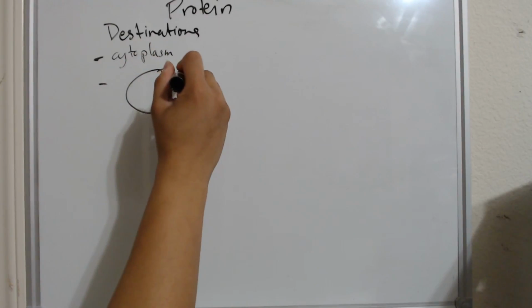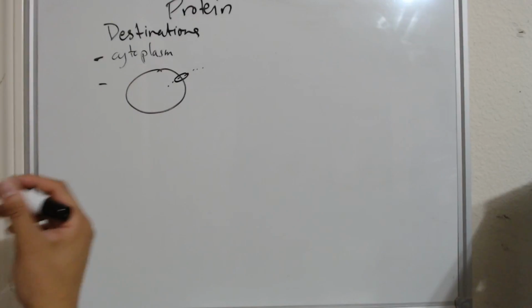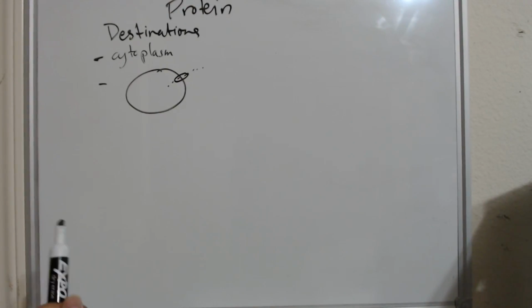Next, it can go to a cell or organellar membrane. Those proteins will probably be channel proteins to allow molecules to go through them, like a gateway.